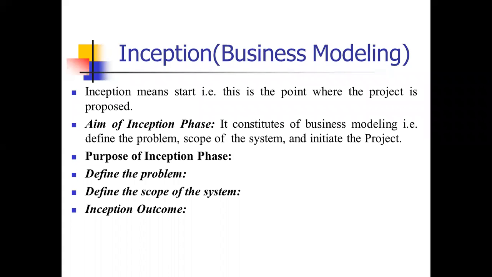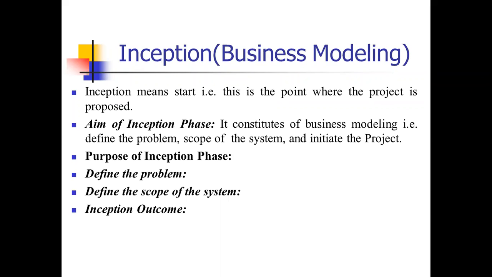The scope of the system constitutes the scope and boundary conditions, then acceptance criteria, and some requirements that are established. Then we have to identify the external entities. External entities in the sense actors that are going to interact with the system.